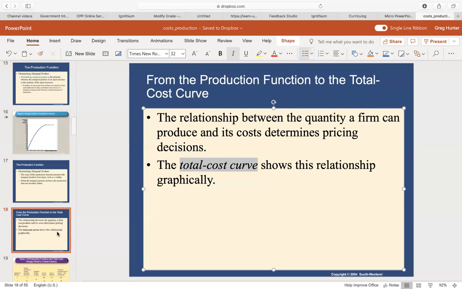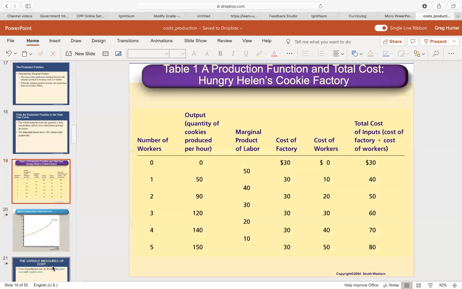I spend money to hire a worker, and the worker produces output. But what we're doing is we're cutting out that middle part, so you don't see the worker anymore. You're just spending money to produce output. And that's the cost curve relationship.